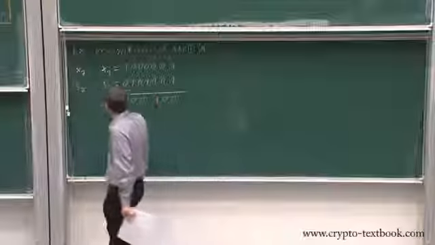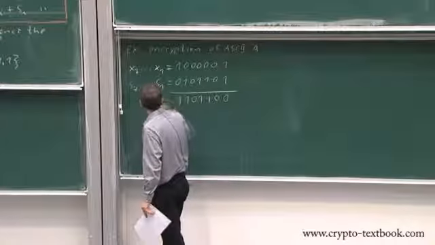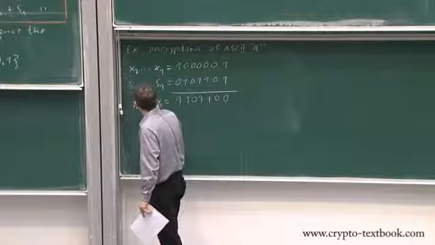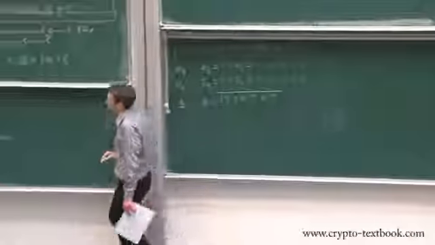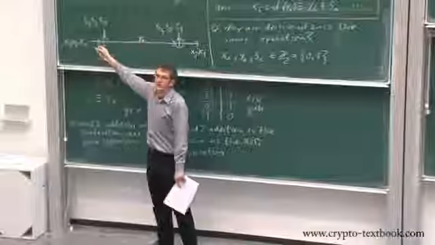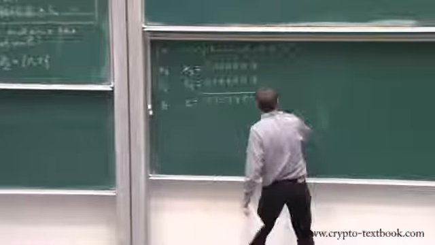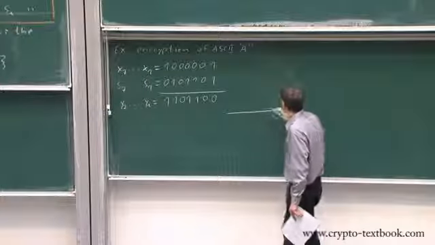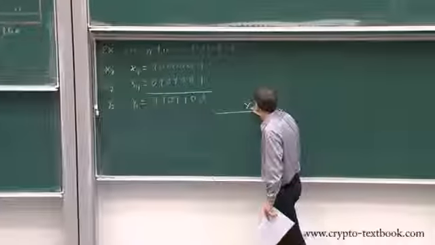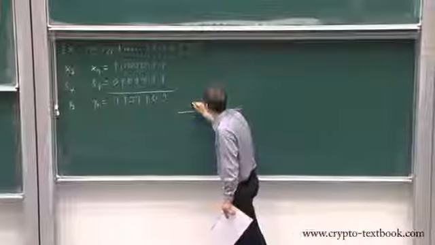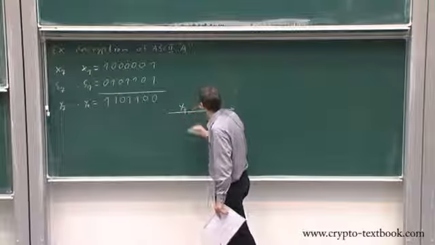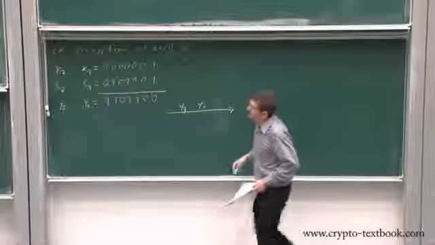Okay, and this is our ciphertext, Y1 up to Y7. So this is what your cell phone does for encryption, and then your cell phone sends this bit stream over.